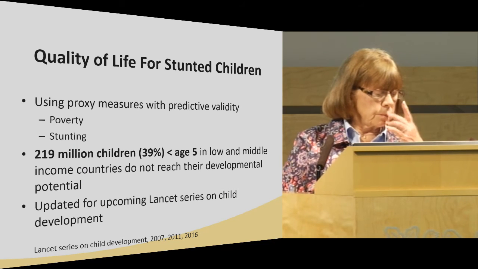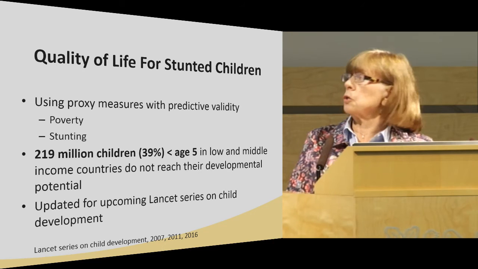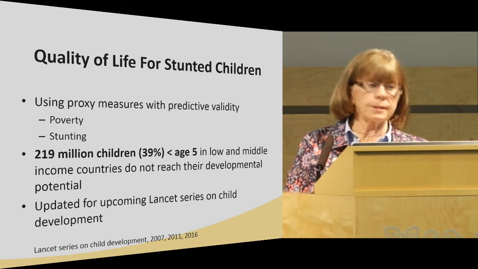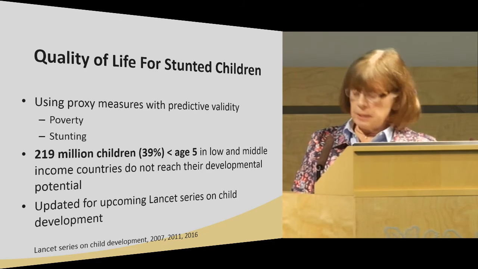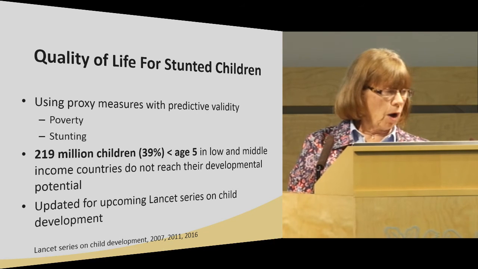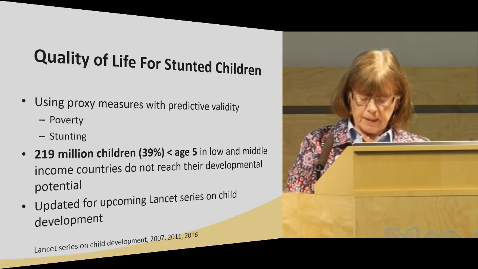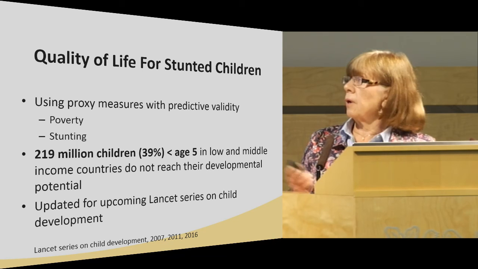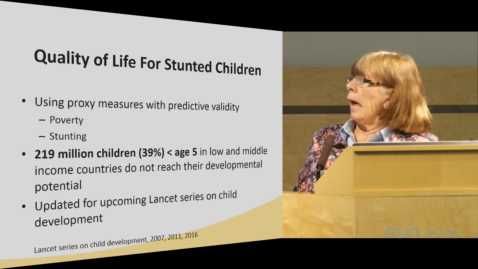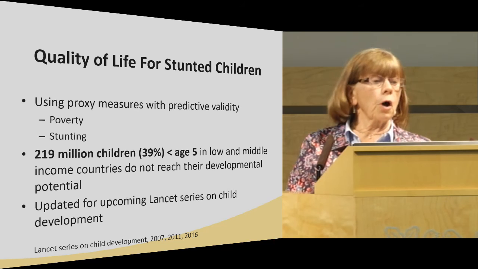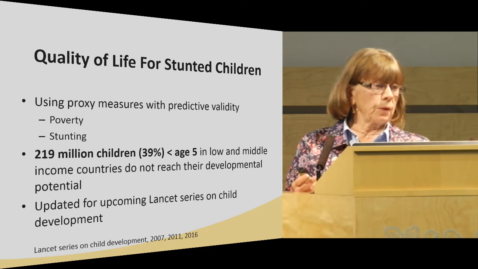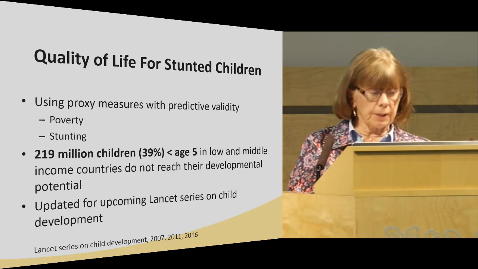Well, there's a series in the Lancet on child development, 2 series actually, and a third one that is in process, will be out in 2016, that looked at the number of children who were in poverty or stunted, and then estimated that 219 million children, or 39% of the world's children, in low and middle income countries were not reaching their developmental potential. So that's an enormous burden that the world is experiencing.